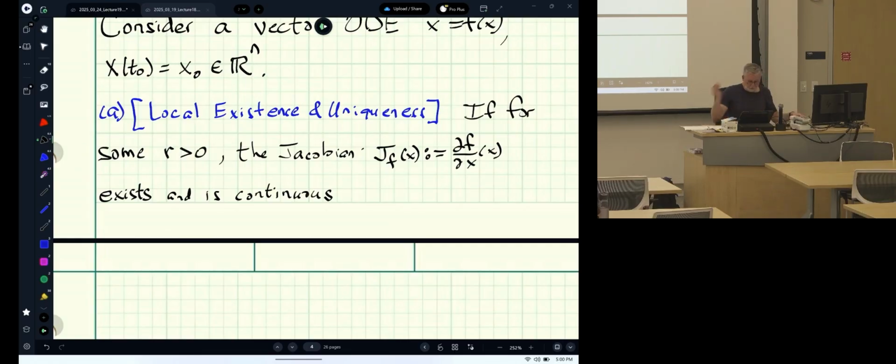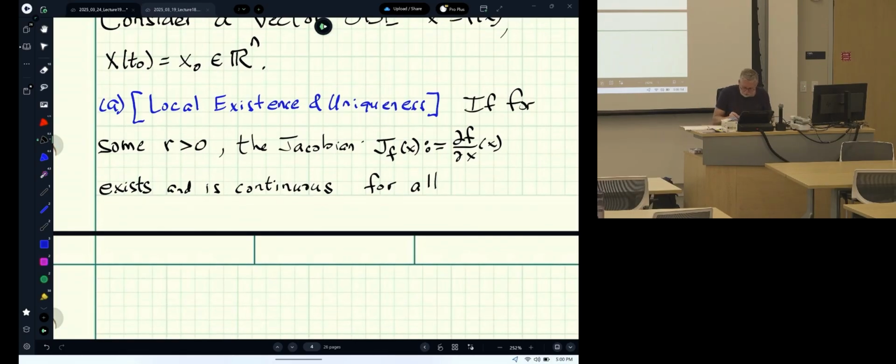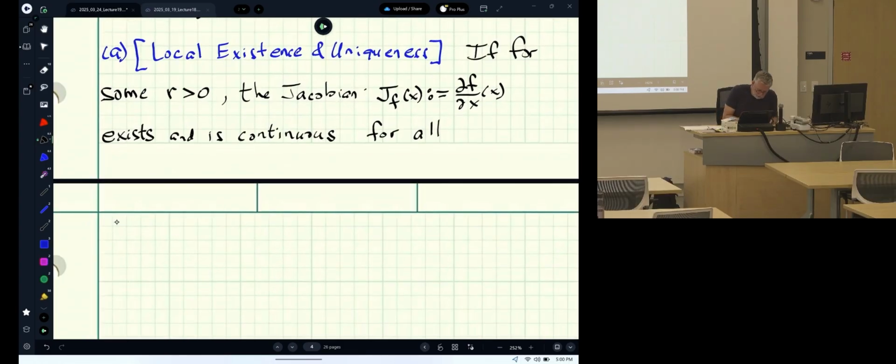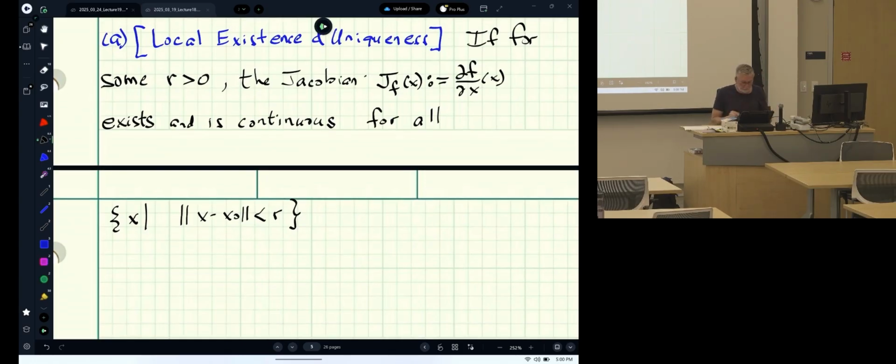If they're also differentiable, even better, but they don't have to be. They just have to be continuous. They don't have to be continuous on all of Rn. They just need to be continuous near the initial condition. So for all x's such that the norm of x minus x0 is less than r. So that's within r of the initial condition.